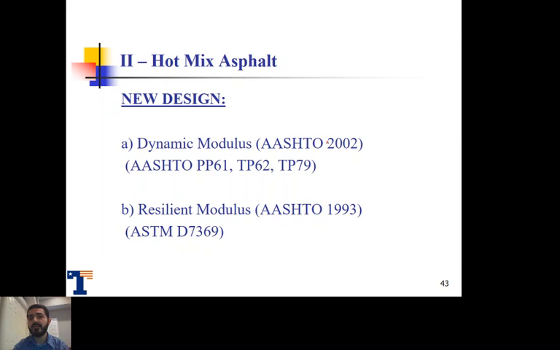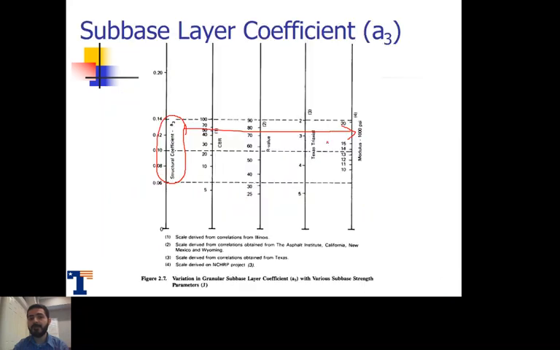So with this, I think we finished this part of this chapter, where we talked about all types of testing that we can do for unbound materials, including base, sub-base, and subgrades. We can go as sophisticated as a triaxial test, or we can do something in between, a CBR test or an R value test.